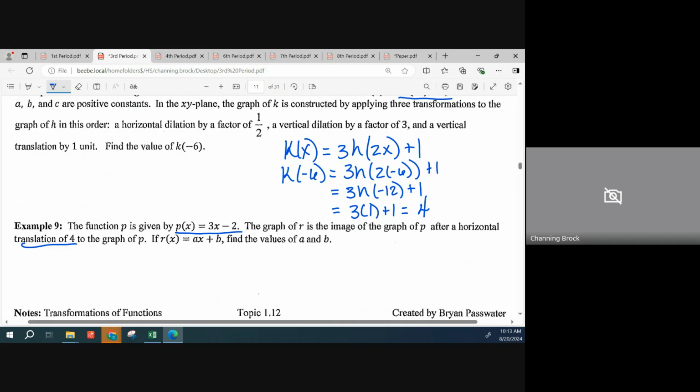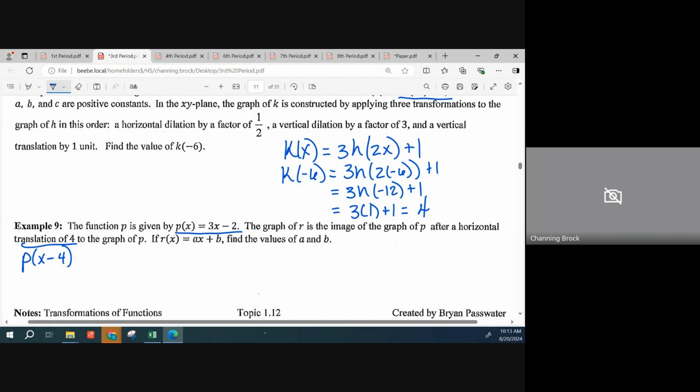So I know if I do a horizontal, when I write that transformation, what does it actually look like? No, if I'm going right 4, I'm subtracting 4. So I'm going to take p, and then it's going to be x minus 4, right? That's what it looks like in the transformation.